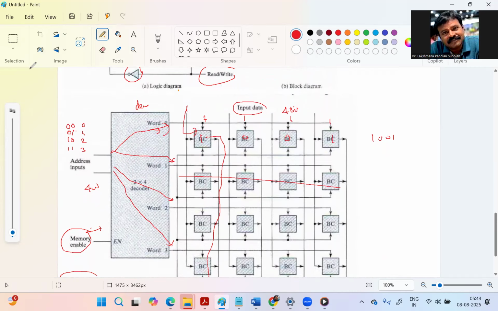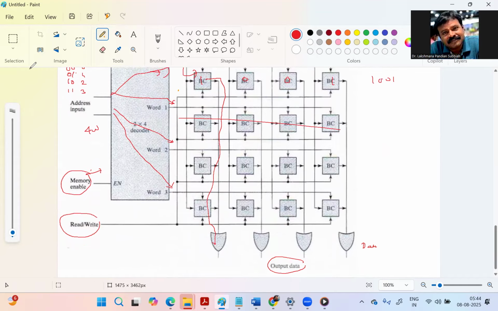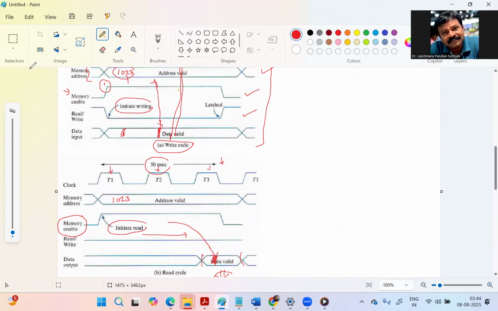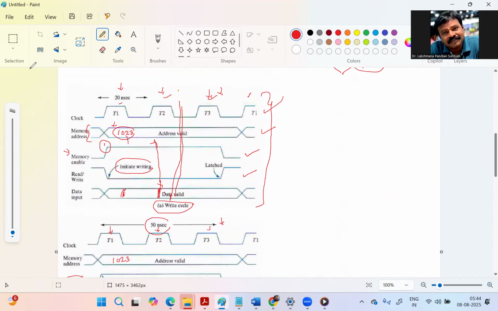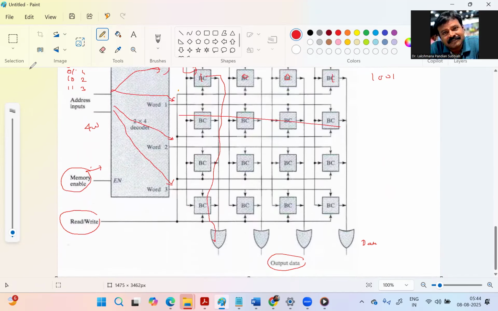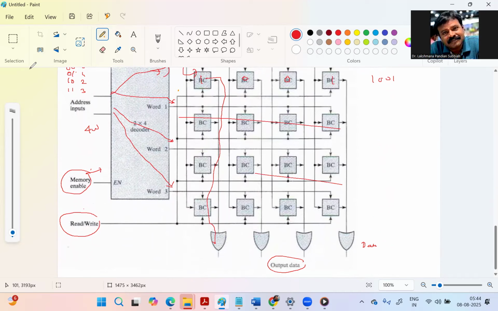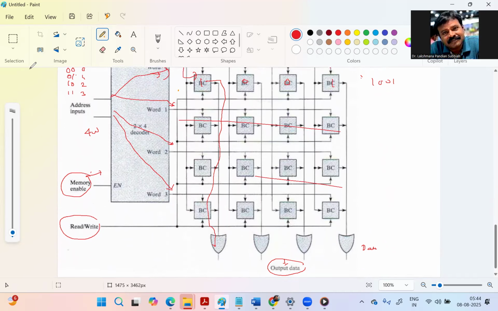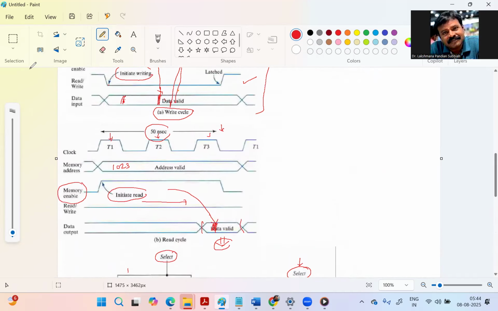Then we have the read-write signal, as we saw in the read-write cycle, so we have to give that signal. These are the signals we give: memory enable and read-write. At the output we get the data, and at the input we write the data. You have to wait until you get the data on that particular line, so for that we have this memory read-write cycle.